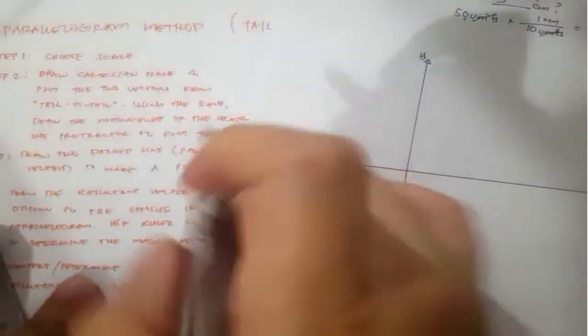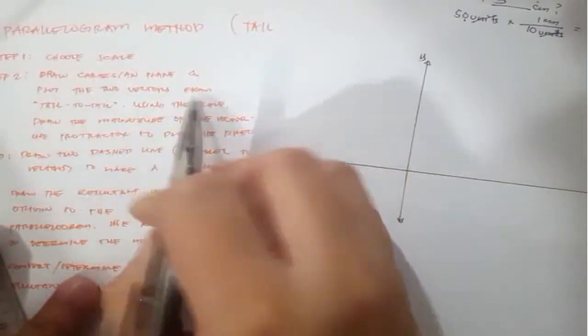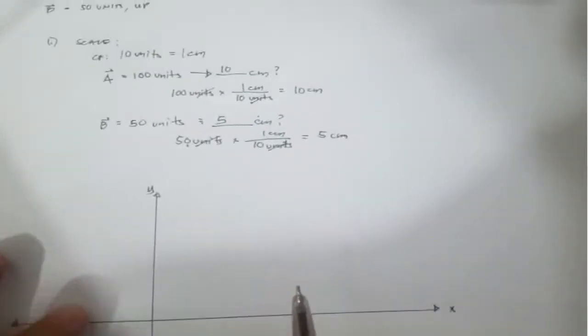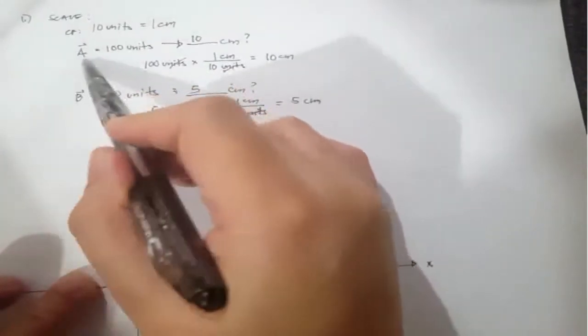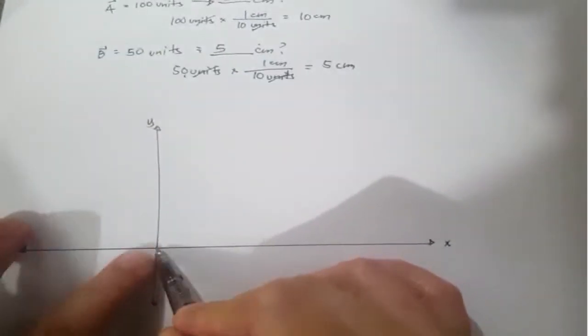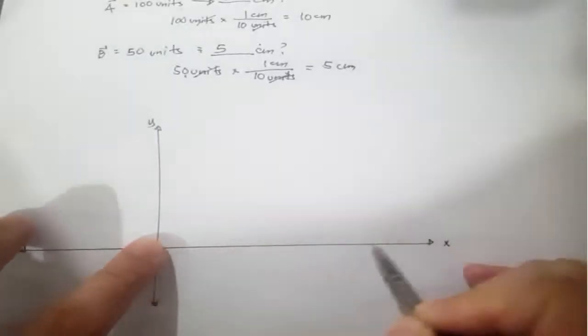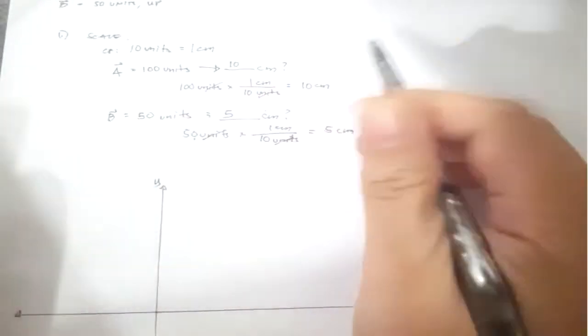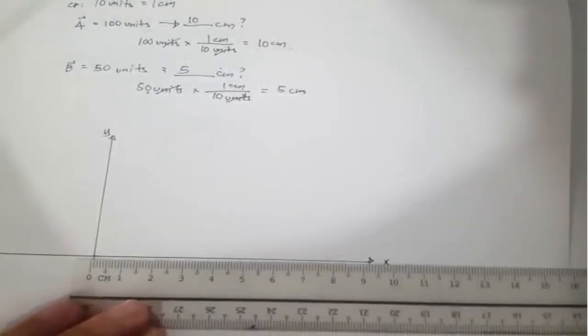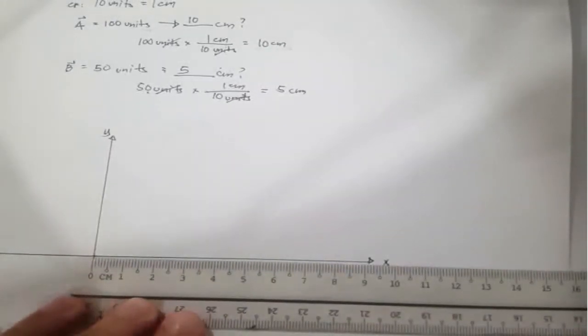We have vector A and vector B. Let's plot vector A, 100 units to the right. From our origin, we draw 100 units to the right, in the x direction. Since 100 units is equal to 10 cm, we can use our ruler to draw 10 cm, which represents the 100 unit vector A.